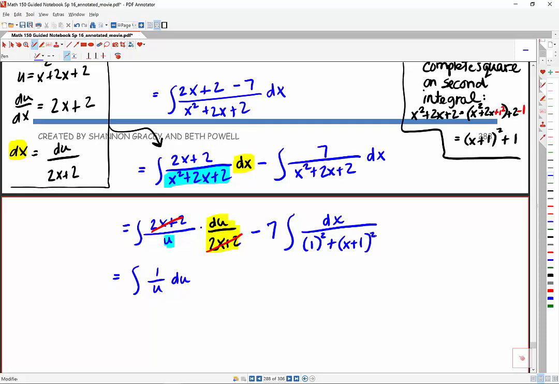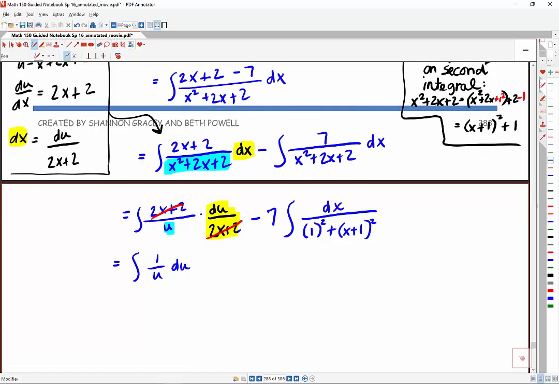So over here, I don't want to confuse you with too many substitutions, but if we said w is x plus 1, dw dx would just be 1, so dx would equal dw, and our a would just be 1. And this is for that second integral.